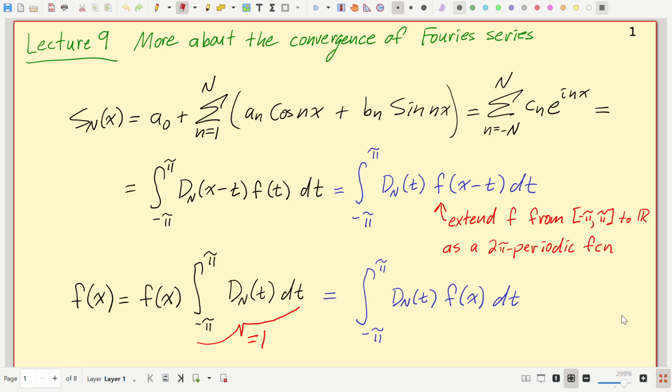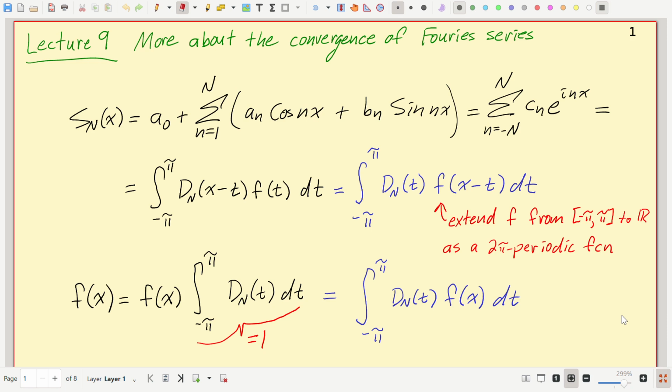And in fact, the complex sum is what allowed me to sum those up like a geometric series and get the famous Dirichlet kernel. So when I wrote those all out as an integral and summed up the Dirichlet kernel terms, I got that formula involving the Dirichlet kernel at x minus t times f of t dt.